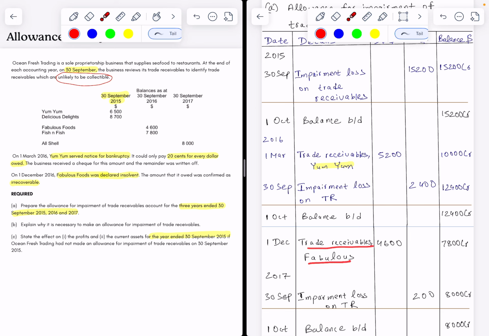So you have to be specific here, Trade Receivables, Fabulous. So $4,600 debit is deducted from $12,400 credit, obviously because there is a mismatch, which ends up with a net balance of $7,800 credit at 1 December 2016. Okay? All right.